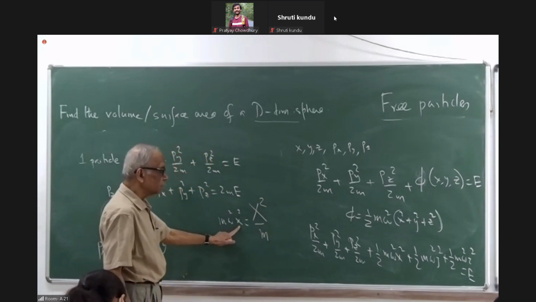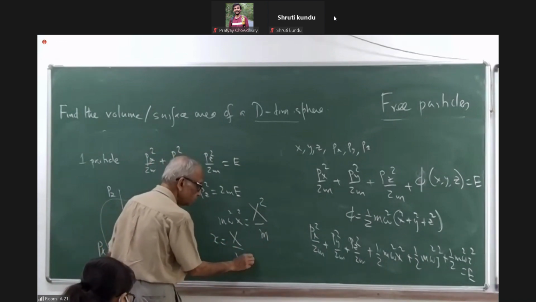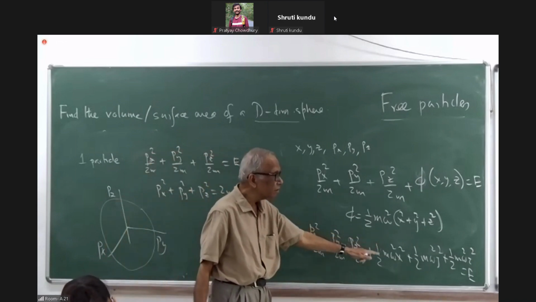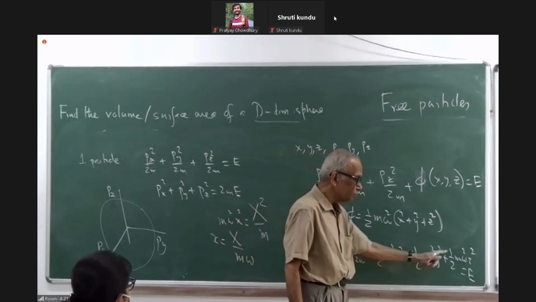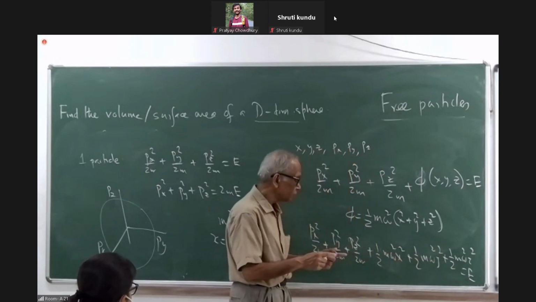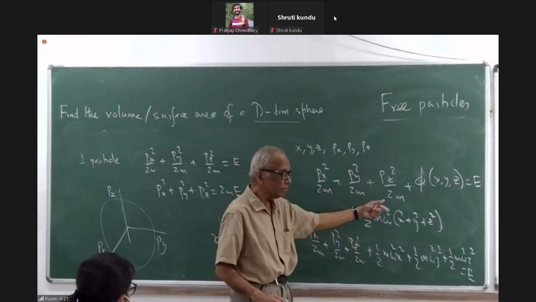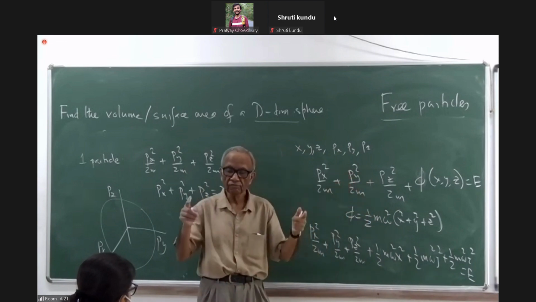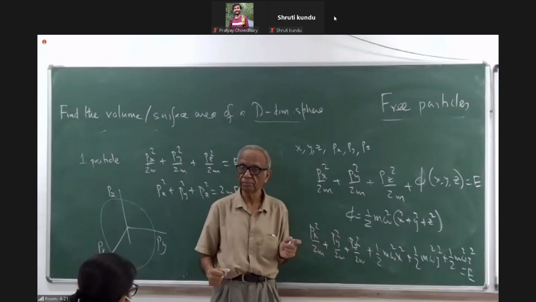So I do a transformation x equal to capital X by m omega, and if I do that, then this becomes px squared over 2m plus capital Y squared over 2m plus capital Z squared over 2m, and in terms of px, py, pz and capital X, capital Y, capital Z, it is again constrained to lie on the surface of a sphere, but this sphere is in a 6-dimensional space.